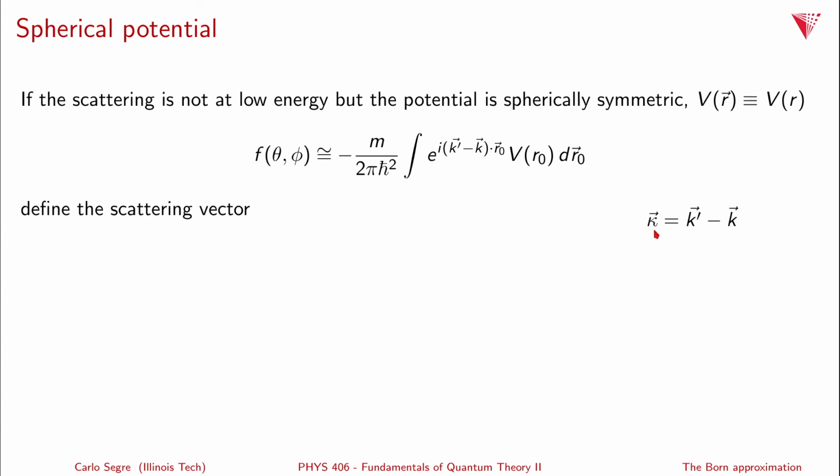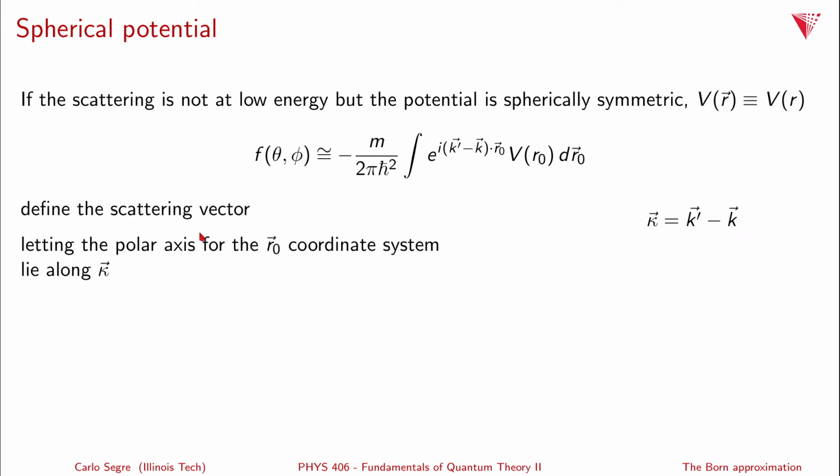With the definition of kappa equal to k prime minus k, which is our scattering triangle, we can now rewrite this as kappa, and then we set the polar axis for the r0 coordinates to lie along kappa. We can rewrite k minus k prime dotted into r0 as just kappa times r0 cosine of phi.